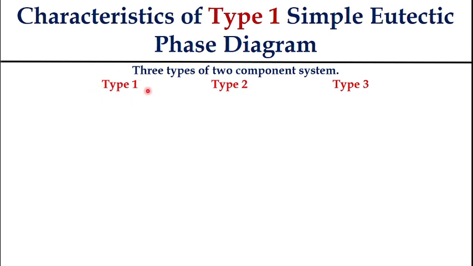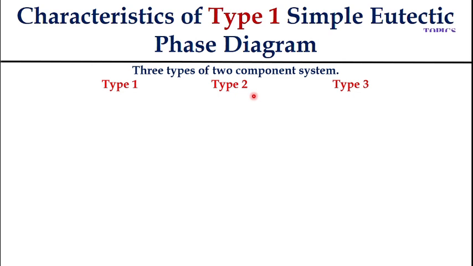In type 1, two components, say A and B, simply mix with each other and there is no reaction between them. But in type 2, the two components A and B react and form a new compound, and this compound will have a stable melting point.